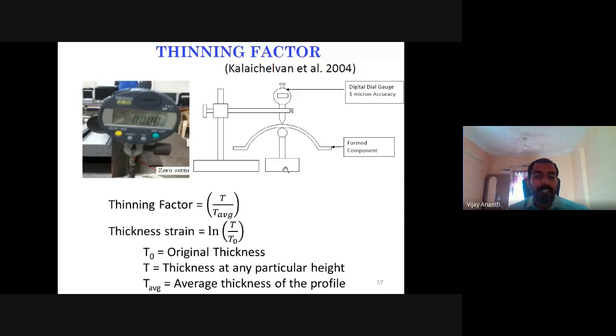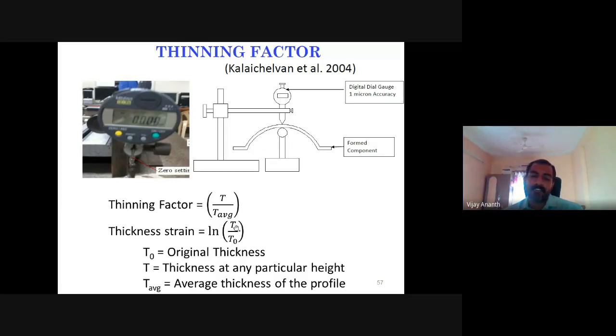Then the thinning factor. After forming this component, we can check the thickness variation around it. With a digital height gauge, we can find the thickness of the component. The thinning factor is T by T average, the thickness at the point over the average thickness of the formed dome, right?